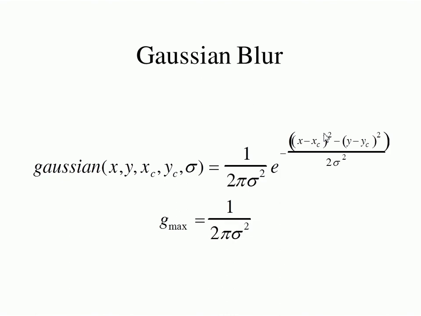What you really want is to center it at the image. If the image goes from 0 to 255 in width and 0 to 255 in height, it would be swell to take 255, cut it in half, call it 128, and center the bell curve at 128, and then you have the bell curve right at the center of the image. That's why you put in the x sub c, y sub c. And then if you want to, you can adjust the standard deviation.